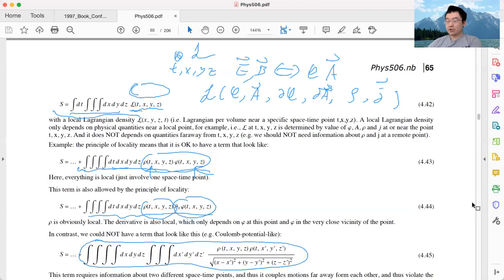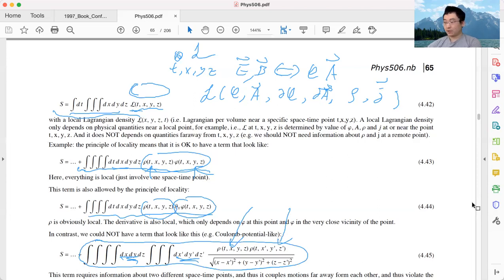As you can see, this term has two spatial integrals, one at x, y, z, another at a different point, x prime, y prime, z prime. And this term contains information about the charge density at x, y, z, and also the charge density at x prime, y prime, z prime.